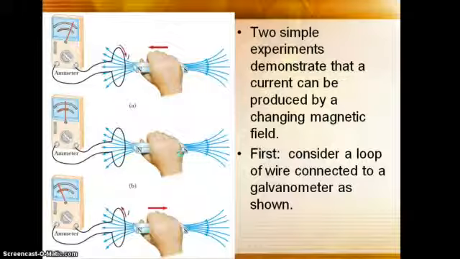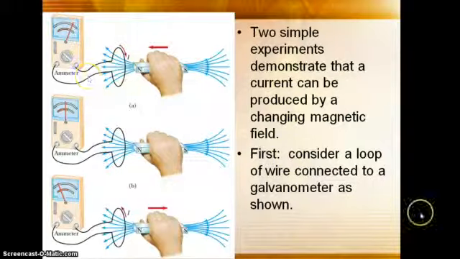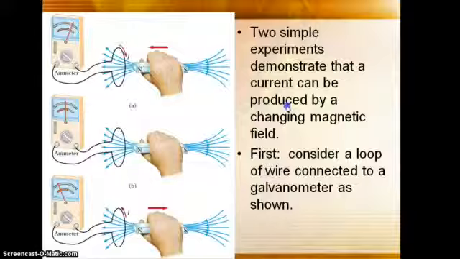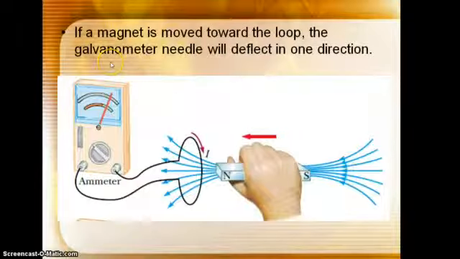Two simple experiments are shown here to demonstrate that a current can be produced by a changing magnetic field. First, in the first figure, consider a loop of wire connected to a galvanometer or ammeter as shown. If a magnet is moved towards the loop, the galvanometer needle will deflect in one direction. When we are moving the magnet towards the loop, the needle is shifting towards the right.